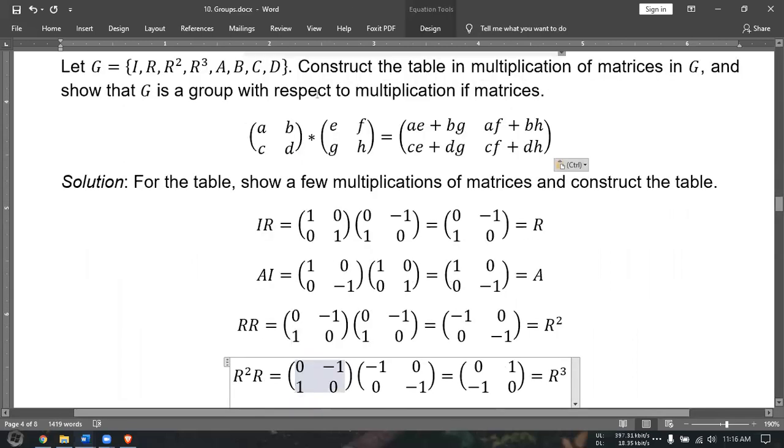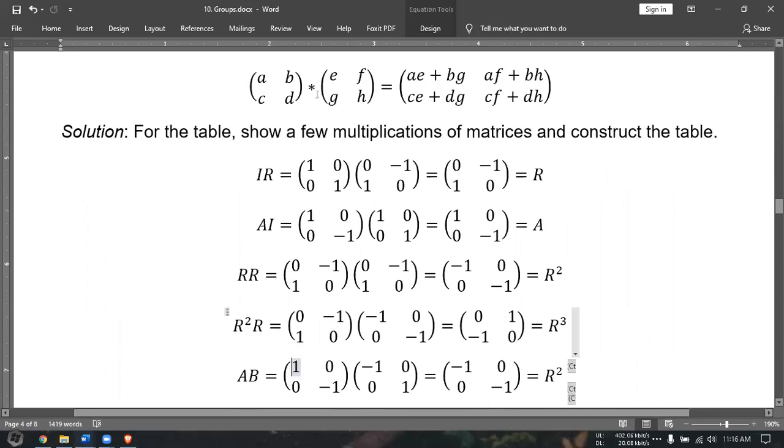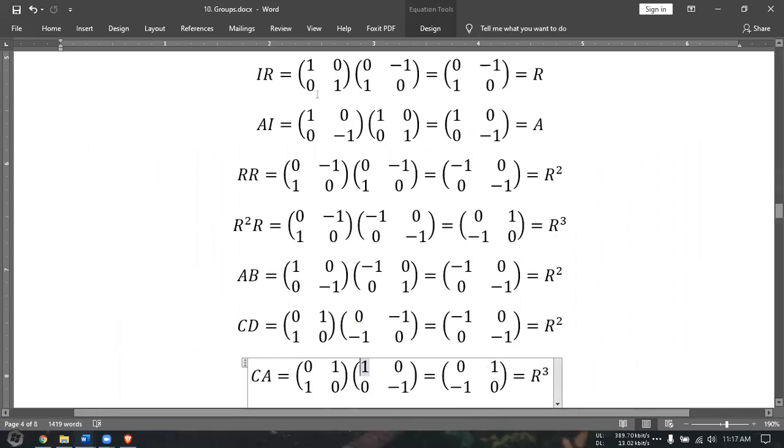Again, R cubed is an element of G, and so on. So matrix A and B would result to R squared, and so on. So these are examples. Pwede nyo basahin na lang.